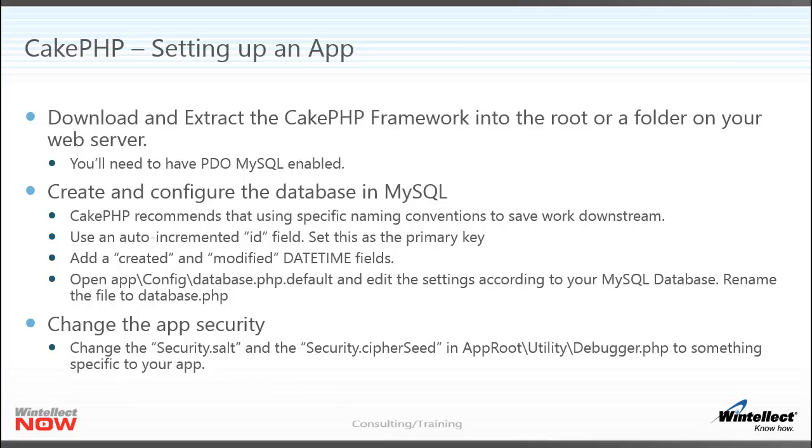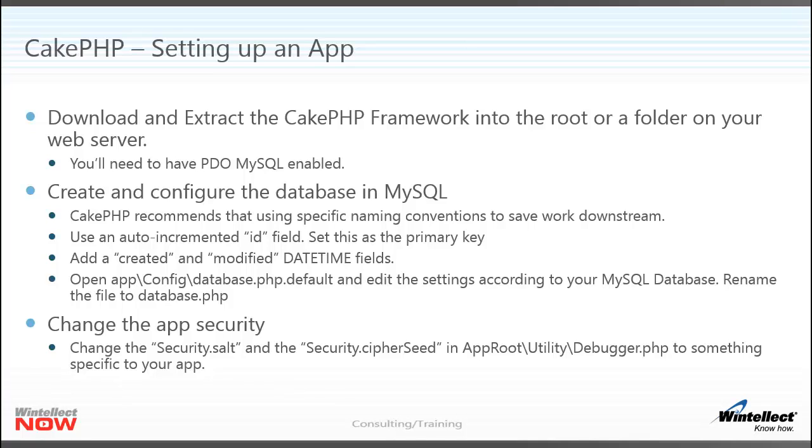What they'll want you to do is use an auto-incremented ID field and set that as the primary key. It also wants you to add two fields called created and modified, and these are datetime fields. With these three fields in every table, Cake PHP can tell what's been updated and when things were created and modified, and uniquely identify data that way.